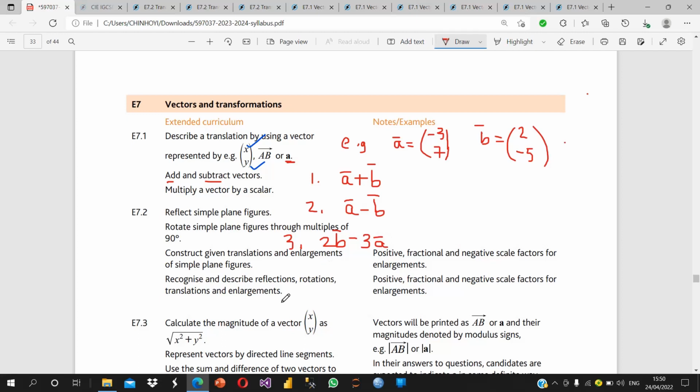Vector 2B minus 3A. Then on number 4, I want you to do, let's say, 4A minus B.